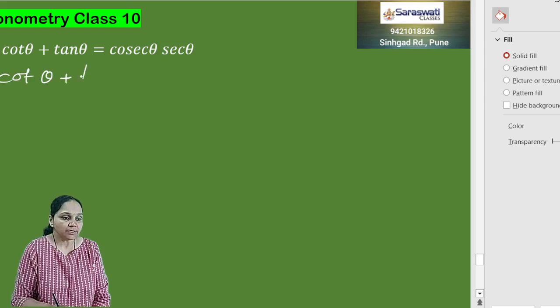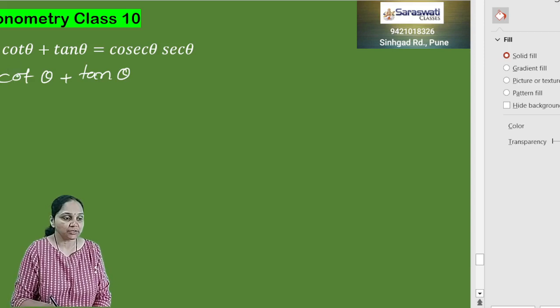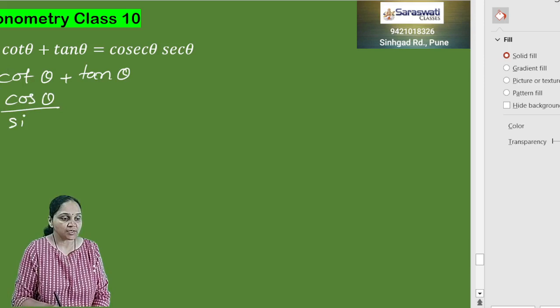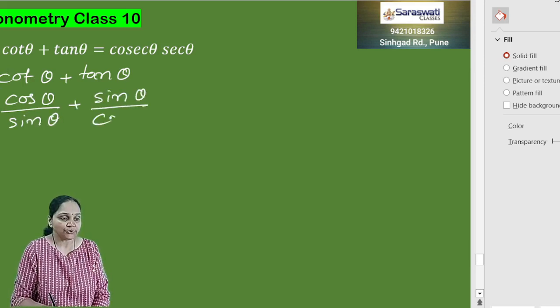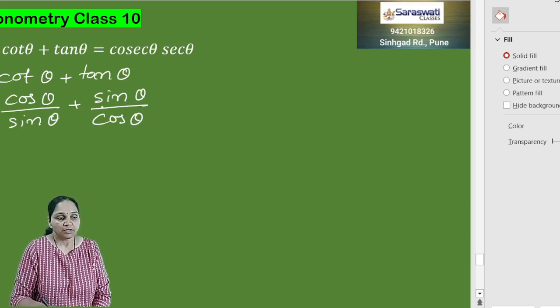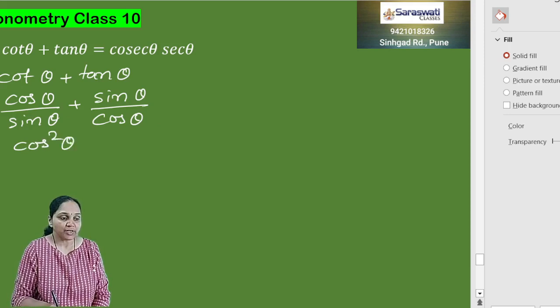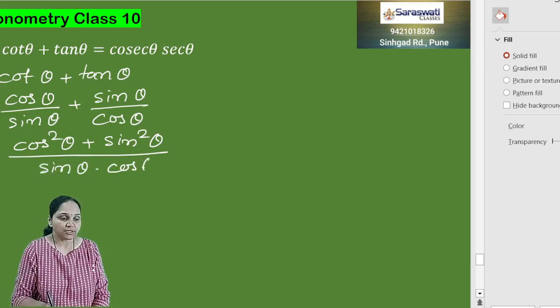Cot theta plus tan theta, इसको अभी हम बेसिक रेशियोज में कन्वर्ट करेंगे, दैट इज कॉट थीटा का मतलब है कॉस थीटा अपॉन साइन थीटा, एंड टैन थीटा मतलब साइन थीटा अपॉन कॉस थीटा. नाउ क्रॉस मल्टीप्लिकेशन, जहाँ पर भी डिनोमिनेटर्स डिफरेंट है, सो वी कैन हैव दिस क्रॉस मल्टीप्लिकेशन मेथड. सो कॉस स्क्वायर थीटा प्लस साइन स्क्वायर थीटा अपॉन sin theta into cos theta.